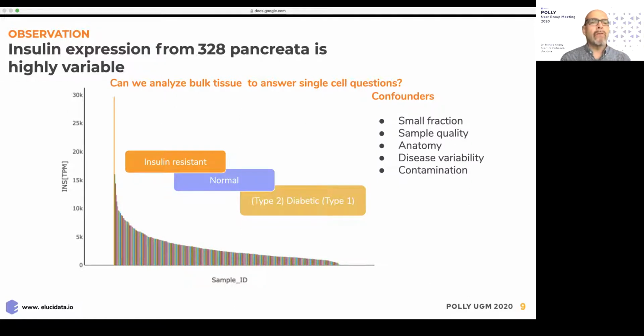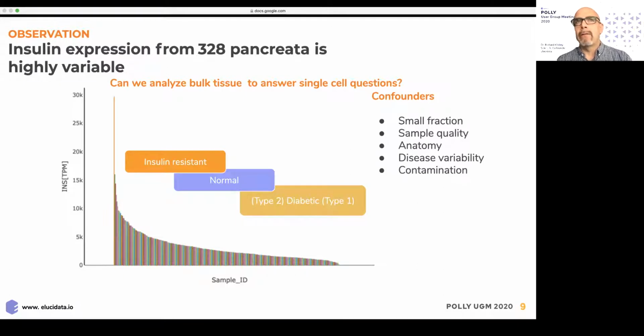Now, confounders to just looking at the total number of counts of transcripts are numerable. First of all, as mentioned, the islet and the beta cells are a very small fraction of the overall pancreas. The pancreas auto-digests, and so the sample quality can vary highly from individual to individual. The anatomy of the pancreas is also not uniform.